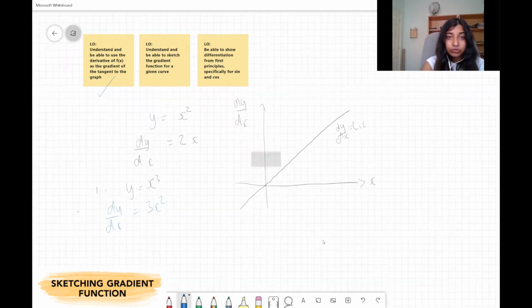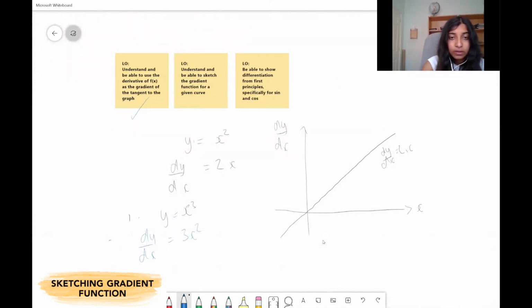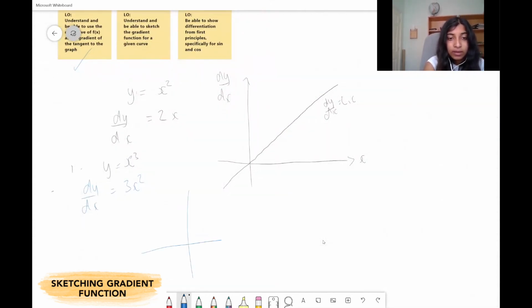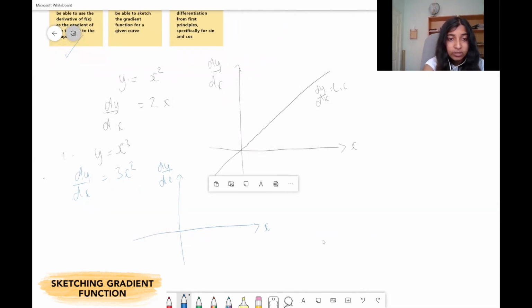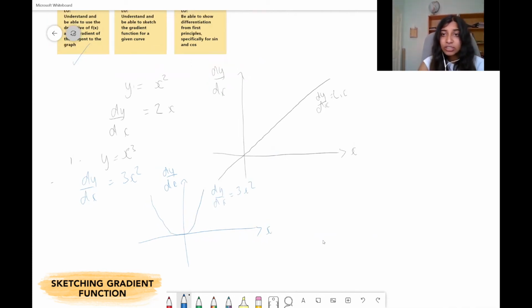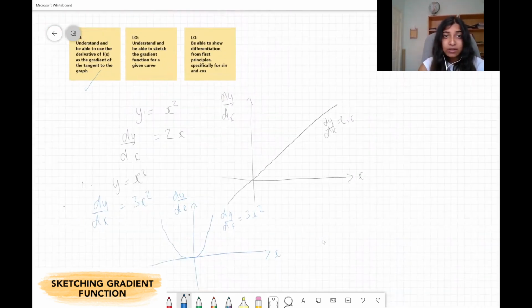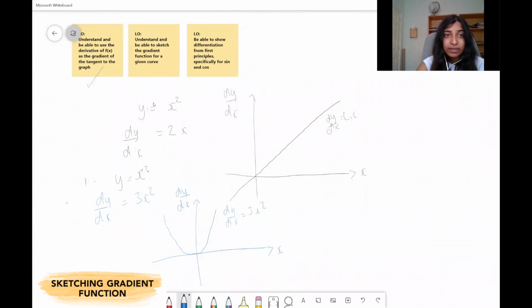So now we just want to draw that like normal. You would have x here and dy over dx here. Then if you were to draw 3x squared, it would just be a graph like this. So that's your dy over dx equals 3x squared. So that's just a quick overview of how to sketch the gradient function for a given curve.